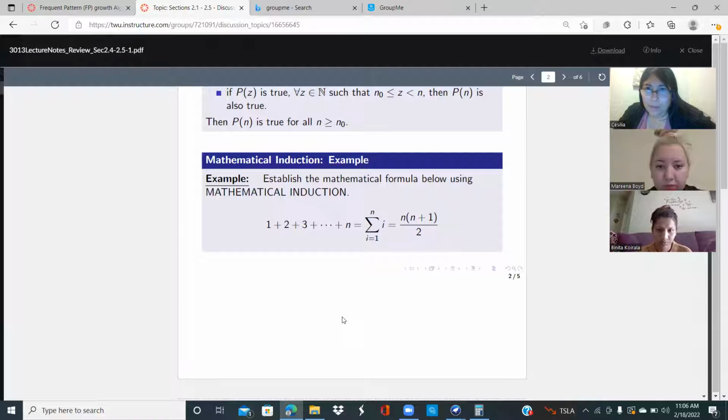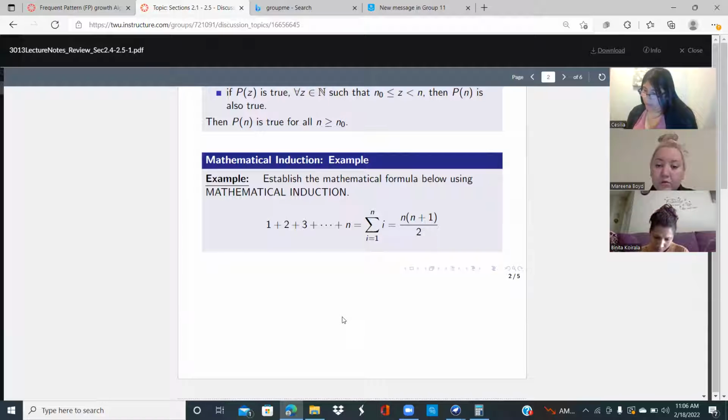Establish the mathematical formula below using mathematical induction: 1 plus 2 plus 3 plus so forth up to n, which is equal to the sum of i from i equals 1 to n of i, which equals n times (n plus 1) divided by 2. Those are some examples that I did.